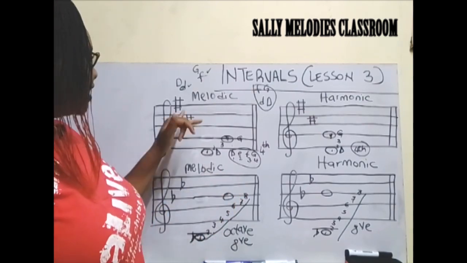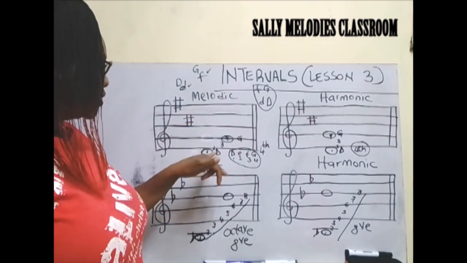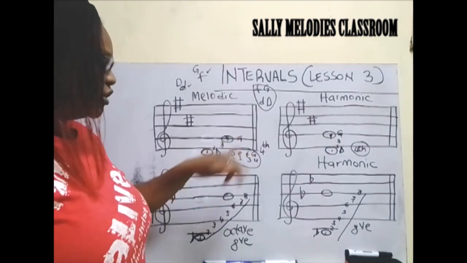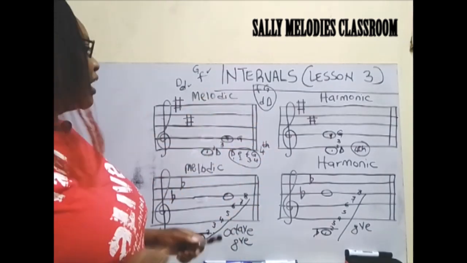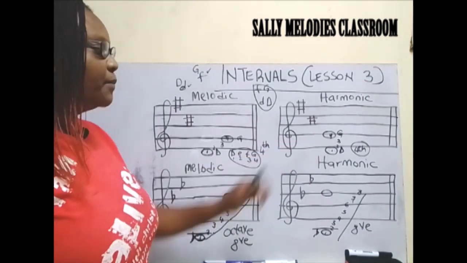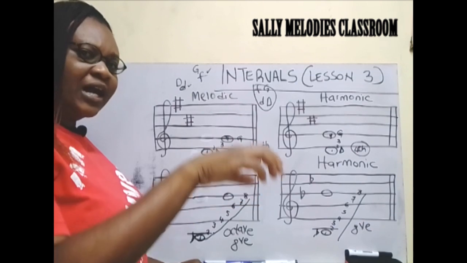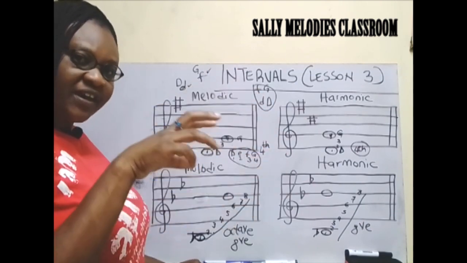Take the key of D. You play the Do, which is on D, and then you play the Fa, which is on G. You play Do, Fa. And then on the same keyboard, you press both fingers, one finger on Do and the other one on Fa. You sound them together. That is what we mean.